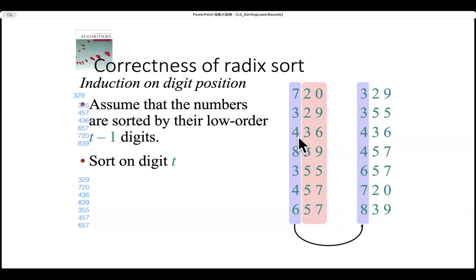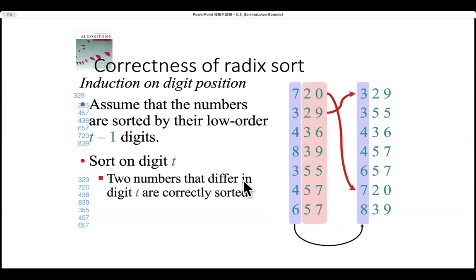For example, you are done with the first two loops, so your numbers are already sorted based on their previous two digits. And now you are sorting on the third digit. So you are sorting on digit t, assuming t is 3 in this particular example.